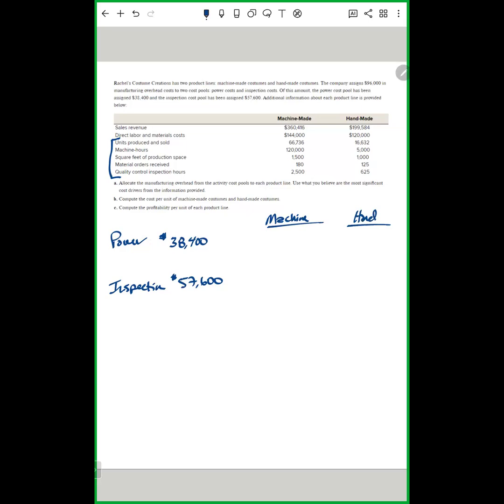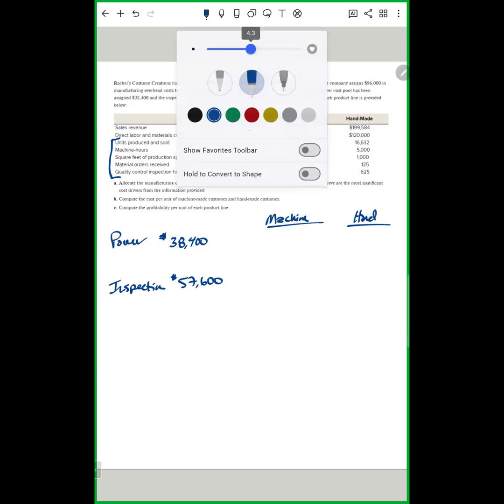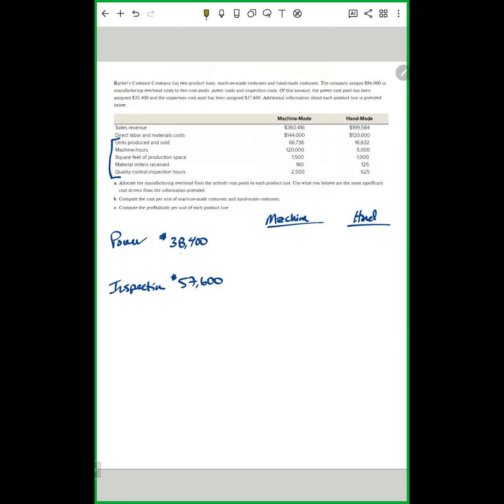I think machine hours. So I'm going to change the color here, and put machine hours here as the best allocation for the power category. And for inspections, I think inspection hours make sense.